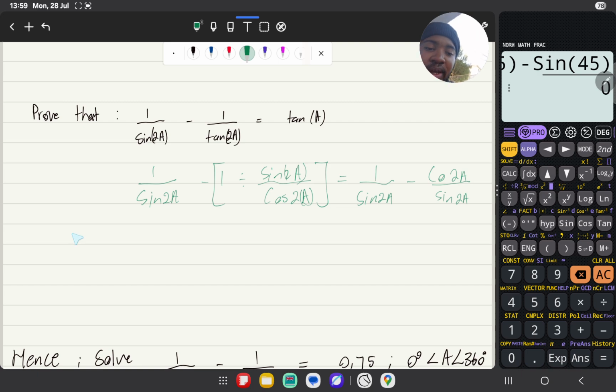And therefore we have 1 minus cos 2a over sine 2a.